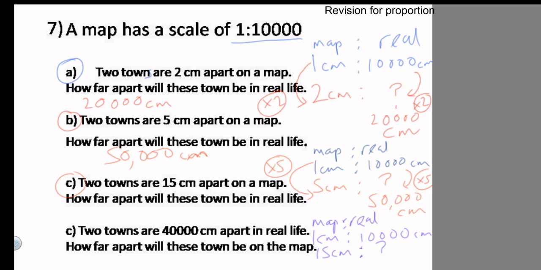What would that be in real life? Well, 1 times 15 gives me 15. What you've done this side, do on the other side. Times by 15. 10,000 times 15 would be 150,000. 150,000 centimeters.